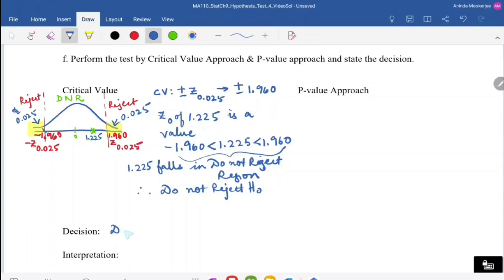So that's going to be our decision. However, we also have to work it using the p-value approach.